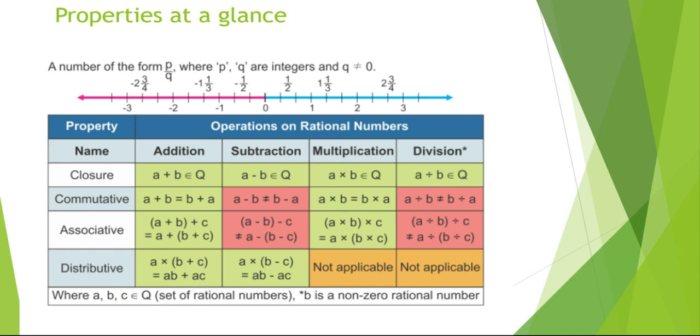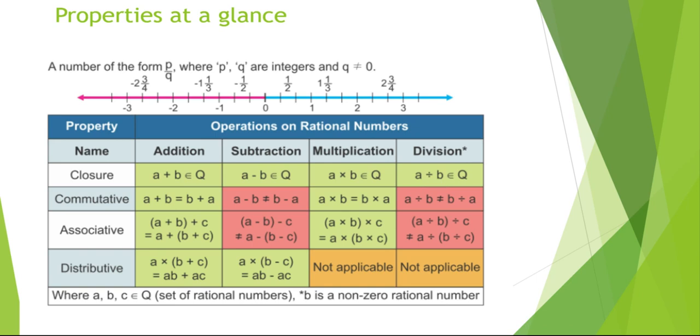In case of multiplication, if you multiply two rational numbers, the product is again a rational number, but this is not true for division. If you divide two rational numbers and you take b as 0, then it won't be a rational number. So there is a condition.